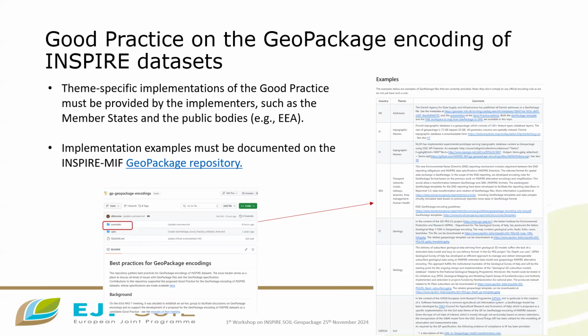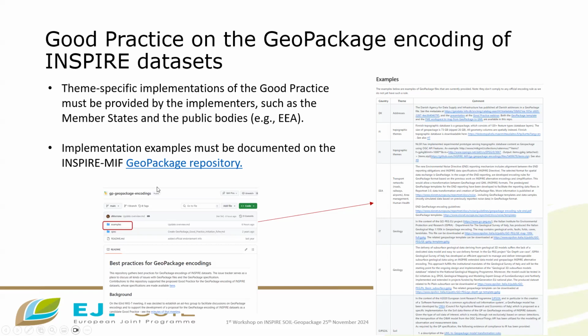The theme-specific implementation of the good practice must be provided by the implementers, such as the member states and the public bodies, for example, the European Environment Agency, but also projects like, in this case, the EJP SOIL. These implementation examples must be documented on the INSPIRE GeoPackage repository.